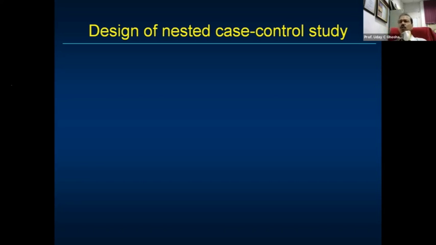Now, when you do that, you take one case, but controls may not be age and gender matched. Let us say you do a study over the next 1 year on a group of people based on your hypothesis. Let us take the example of stomach cancer study.